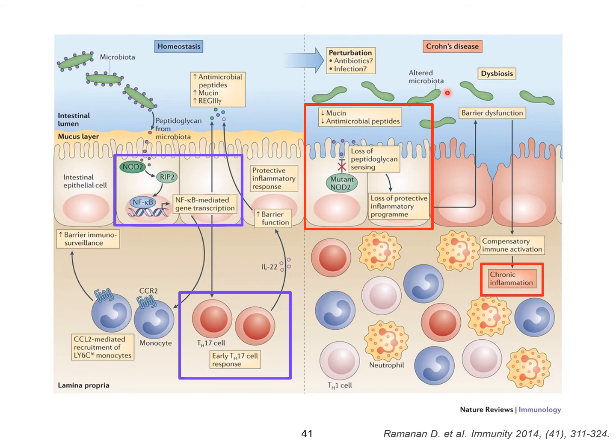there is altered microbiota, dysbiosis, taking place in the GIT because of decreased mucin and decreased antimicrobial peptides, loss of peptidoglycan signaling, and loss of the protective inflammatory program, leading to inflammation.